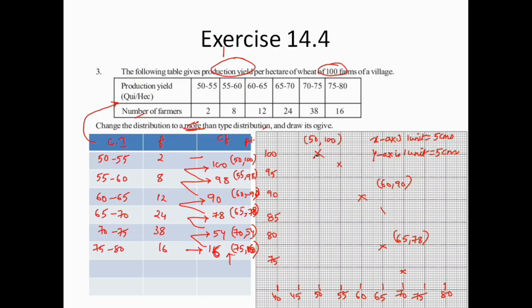So approximately, if I draw the graph, I'm getting a graph like that. So this is your more than frequency graph, the more than type of distribution, where the distribution is decreasing.